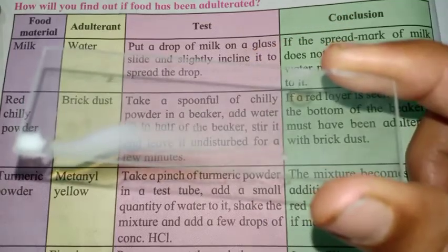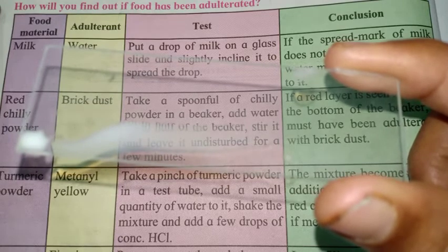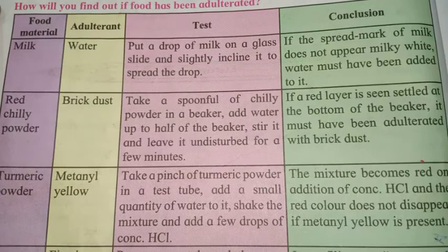Now look at this slide. The spread of milk appears milky white. So what is the conclusion? If the spread mark of milk does not appear milky white, then water must have been added to it.